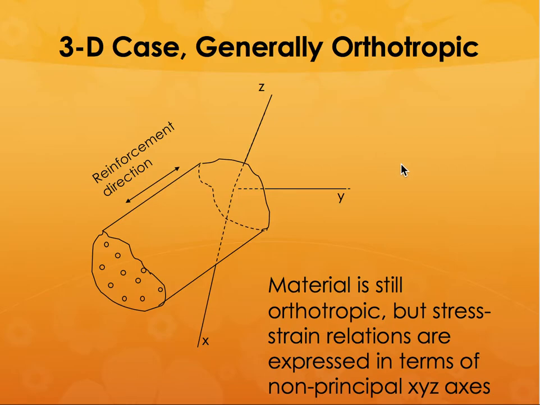Why do we want to talk about this? Because we want to see how these properties are going to be at any given point x, y, and z, even though this is an isotropic material or a generally orthotropic material. So you can take a non-principal xyz axis and calculate those values based on that.